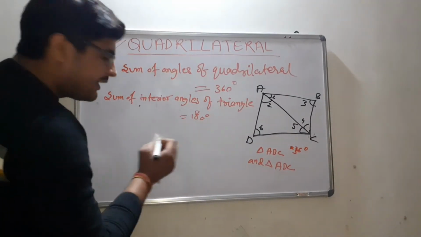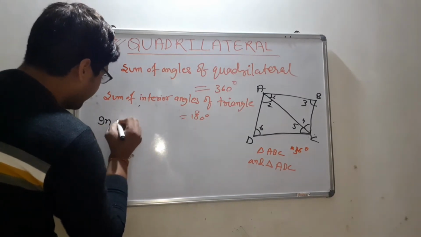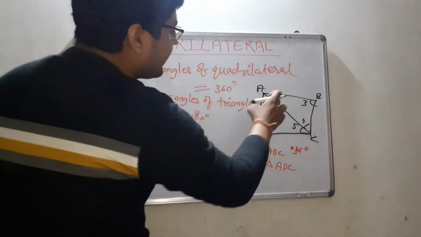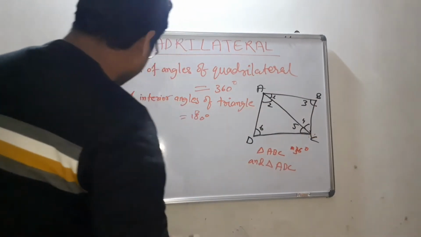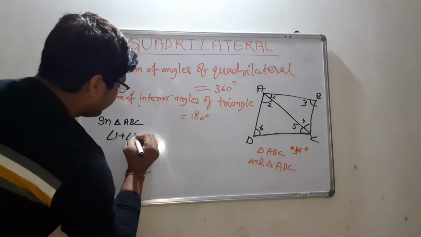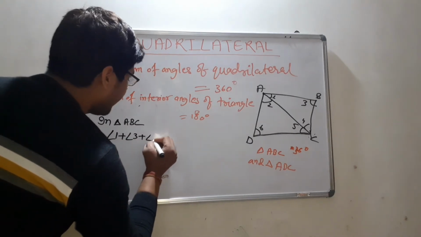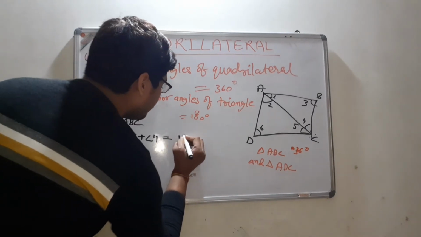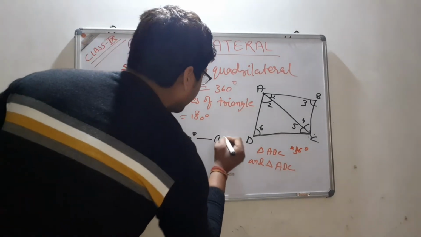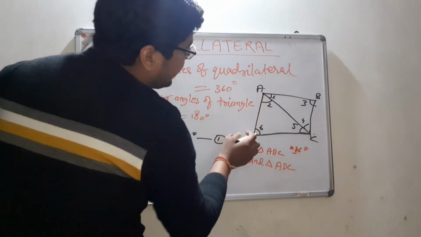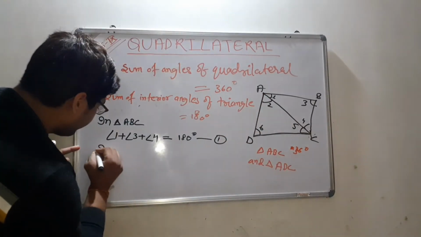Now we will take triangle ABC. In triangle ABC, we get angle 1 plus angle 3 plus angle 4 equals 180 degrees. We will call this equation 1. Now we will take the other triangle, ADC.